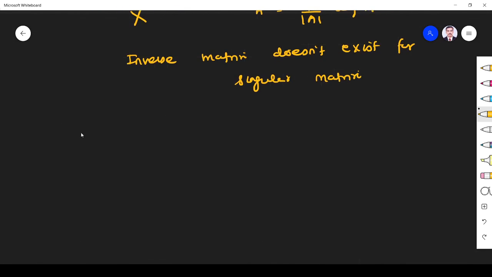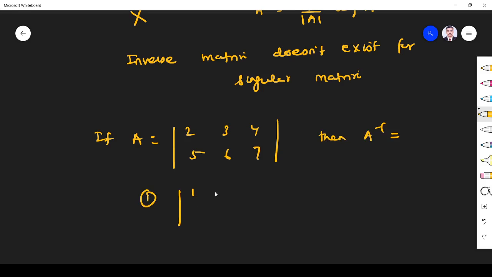Let us see one more problem as an example. If A is equal to 2, 3, 4, 5, 6, 7, what is A inverse? This is the question. Let us assume option A is 1, 4, 5, 2, 3, 6.